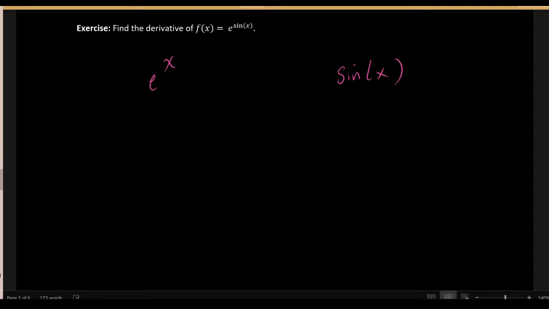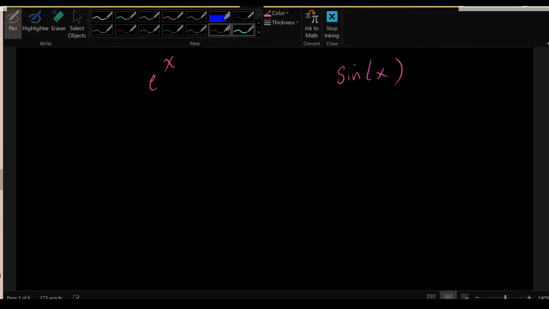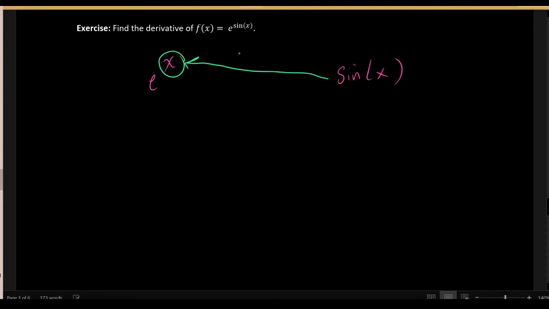Now notice that in the function f of x, the sine has replaced the x in e to the x. And that's a sign that sine is the inner function. The inner function is the function which replaces x. The outer function is the function which has e to the something.